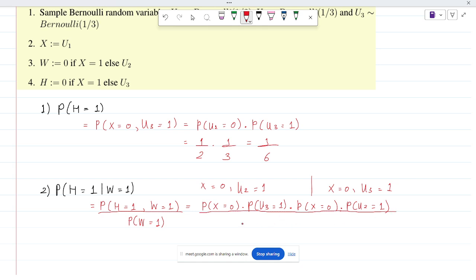And we know that in order for W to be equal to 1, again, X has to be equal to 0. And we know that U2 has to be equal to 1. My bad.